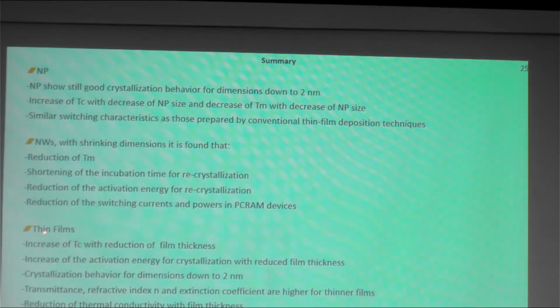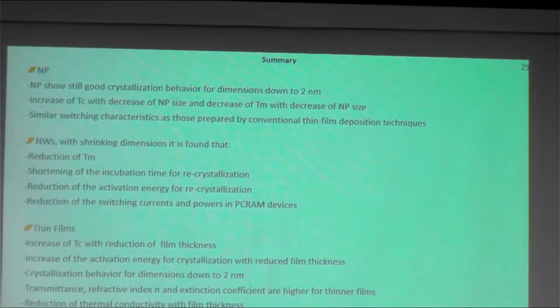For thin films, we observed increase of TC with reduction of thin film thickness, increase of activation energy for crystallization with reduction of thin film thickness, then crystallization behavior for dimensions down to 2 nanometer. The optical properties like transmittance, refractive index, and extinction coefficient are higher for thin films.